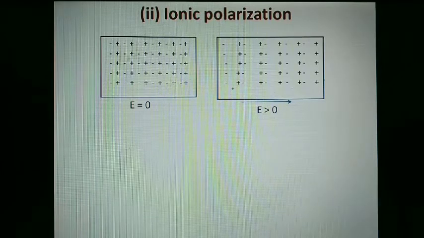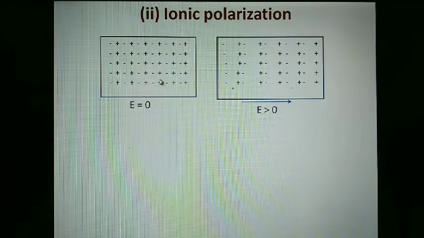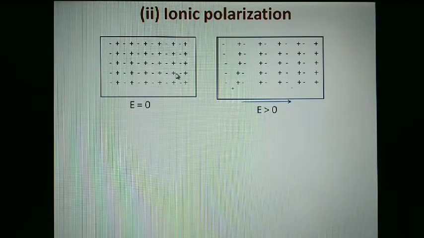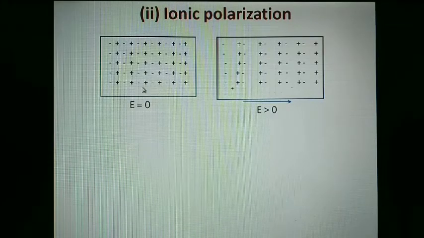Assume that this is a dielectric material in which the negative and positive ions are distributed in a way that their distances can be assumed to be equal, that is in the absence of an electric field.